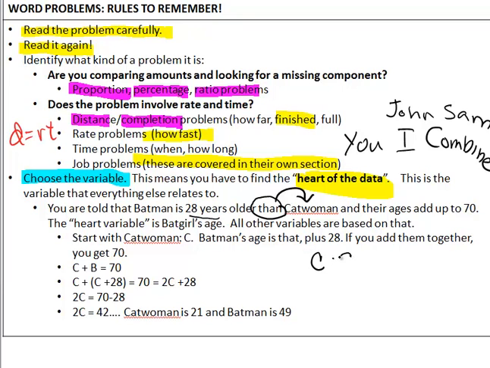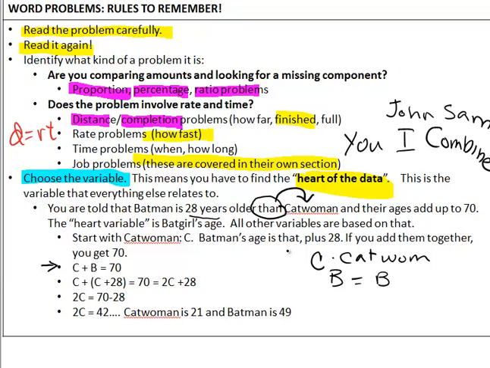So Catwoman is C. Oops, I was going to write Catman and Batwoman. A whole new series is born. Catwoman is C and Batman is B. And it says if I add their ages together, I'll have 70. So here, C plus B equals 70. And we're going to use C is Catwoman, and that's the heart variable.